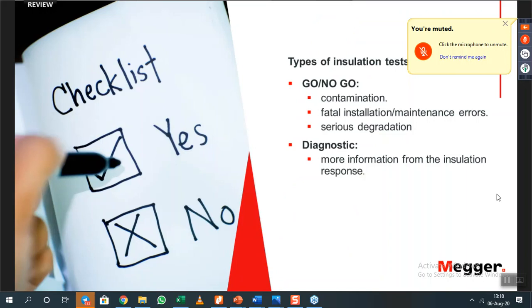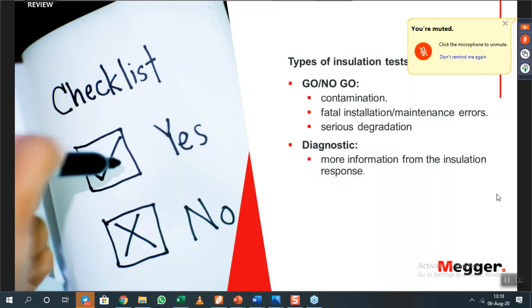So when doing the insulation test, it could be go or no go, meaning if you found out that the insulation has contamination, a fatal installation or maintenance error, or a serious degradation, then you can decide right away if you could put it back in service or not.